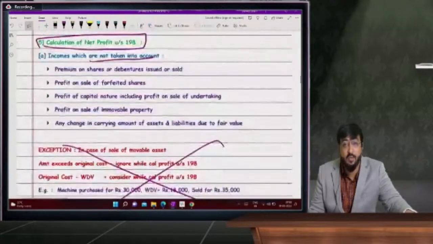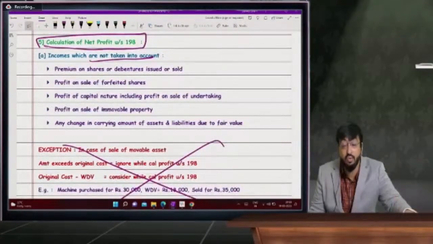In case of profit, I told you what should be considered. Instead of that, you should focus on what should not be considered: premium on shares or debentures issued or sold, profit on sale of forfeited shares, profit of capital nature, including profit on sale of undertaking, profit on sale of immovable properties, and any revaluation. We already covered this part in the last session.